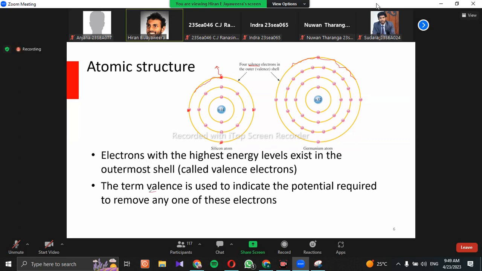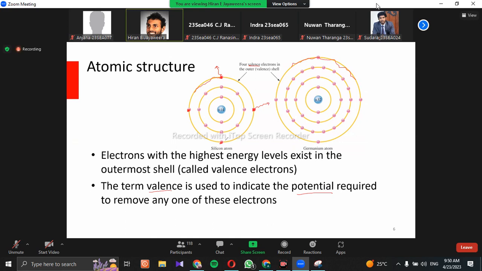The term valence is used to indicate the potential, which is the energy required to remove any of those valence electrons. So the potential required to remove valence electrons, we call it valence. The outermost shell is also called the valence shell, and the electron in the outermost shell we call a valence electron. So just remember those things.